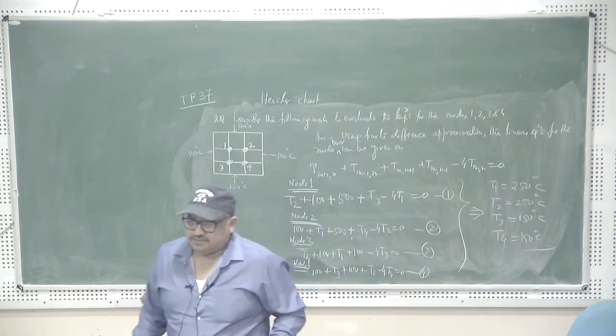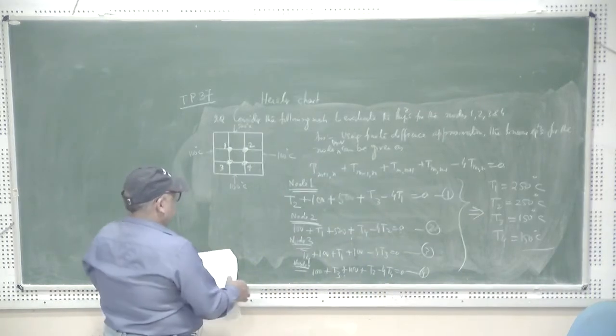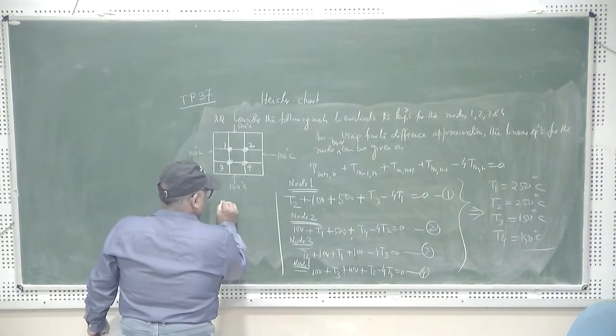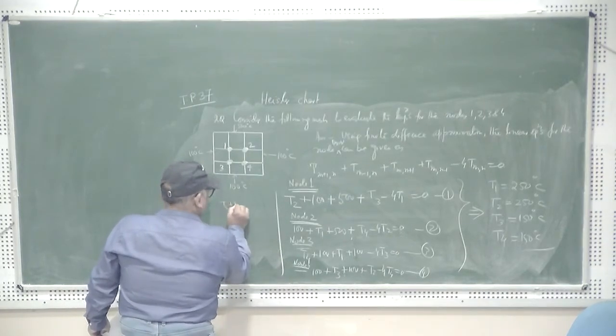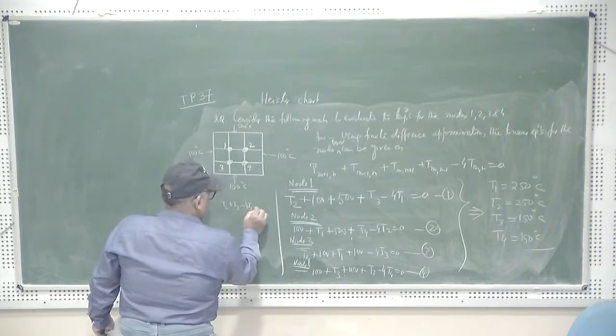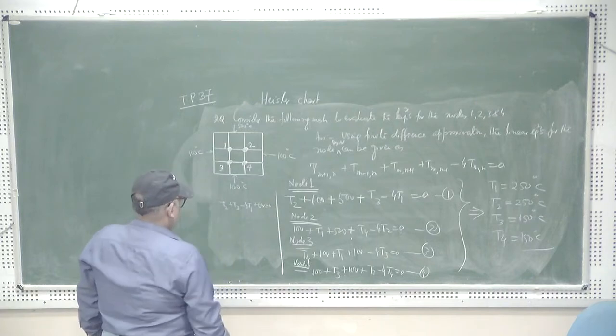So this is the methodology, because if you further solve these equations, then it will arrive at T2 plus T3 minus 4T1 plus 600 is equal to 0. Okay.